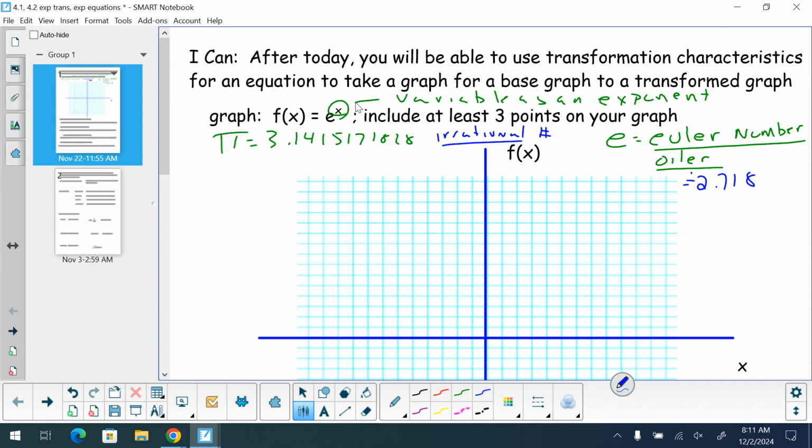So Euler's number is used in regards to exponential growth, decay, and anything that you're dealing with, whether it's money, chemicals, half-lives of atoms, whatever you have. That's your Euler's number.